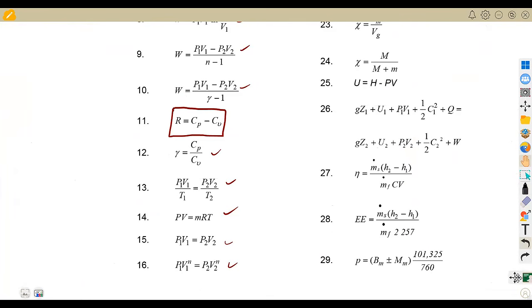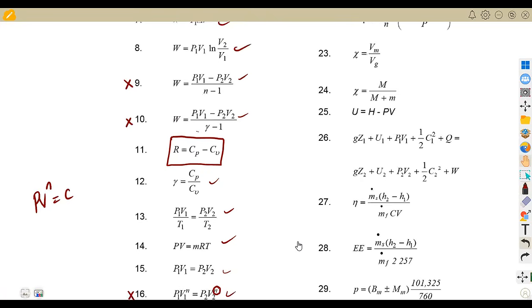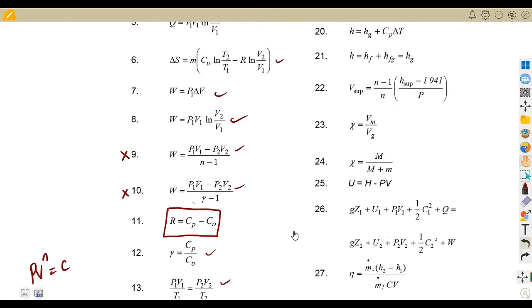We are going to be working with all the formulas that do not have this n, because our law is not PV to the exponent of n is equal to C. So this one is totally out. Wherever we have this n or this gamma, we are not considering those formulas. Meaning to say any formula, whether it's P1 V1 is equal to P2 V2, or PV is equal to MRT, we can use to answer this question.